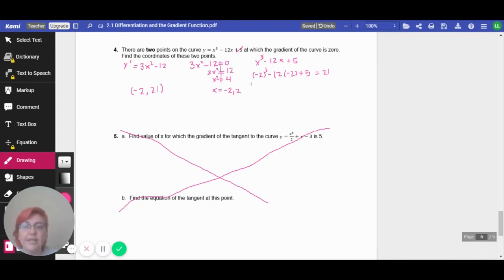All right, for my next value of x, I've got 2 cubed minus 12 times 2 plus 5.